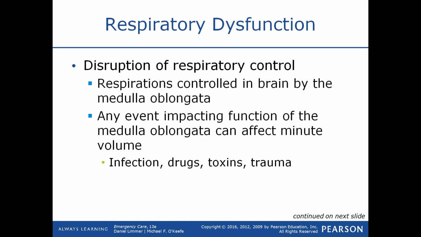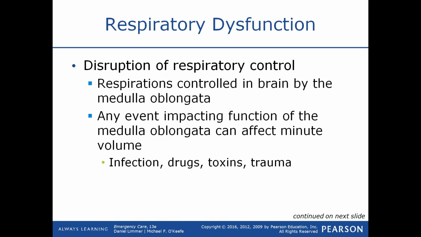Respirations are controlled by the brain, and the part of the brain that controls breathing is in the medulla oblongata, or the brain stem. Within the brain stem are what we call chemoreceptors and baroreceptors.